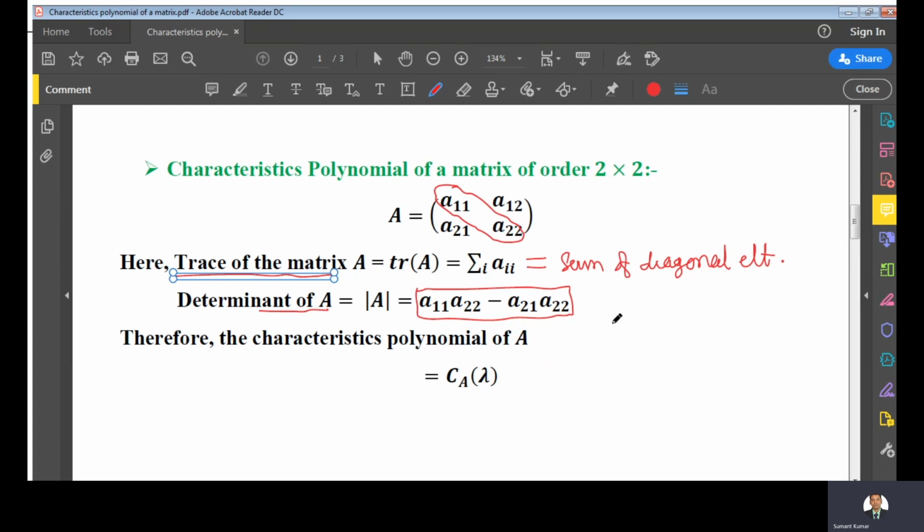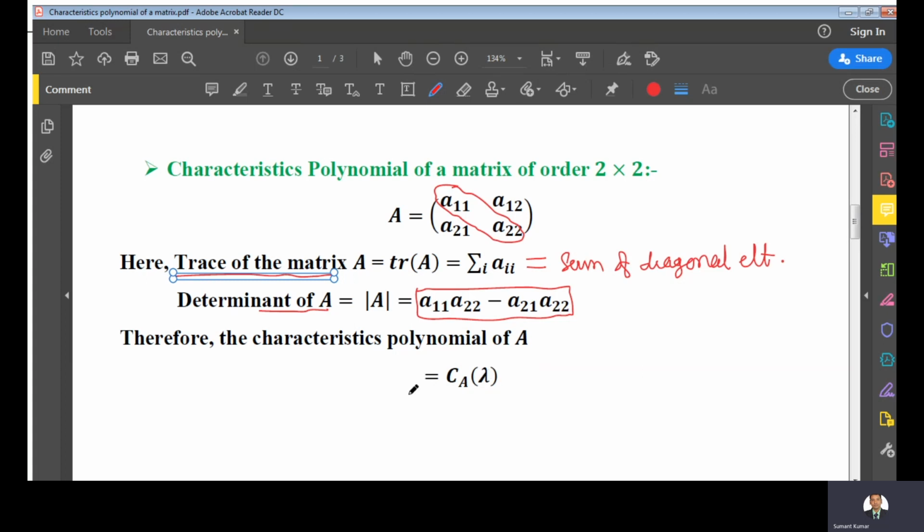So the next thing is, how will you write the characteristic polynomial? We generally denote it by C_A(lambda), where C stands for characteristic, A stands for the associated matrix, and lambda stands for the variable. That means this characteristic polynomial will be a polynomial in lambda.